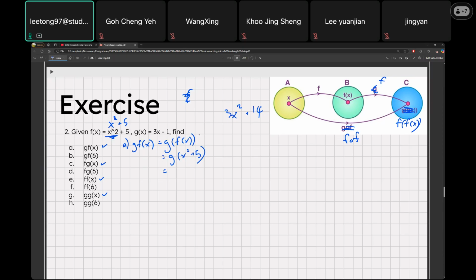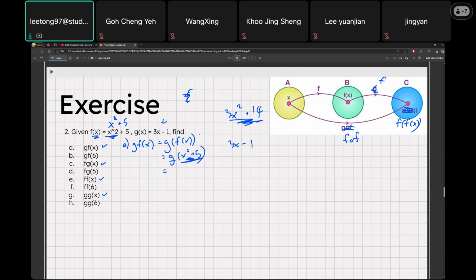Is this correct? Let's look at this. We'll do it now. So fx is x squared plus 5, which now becomes your new object for function g. So what is function g? 3x minus 1.